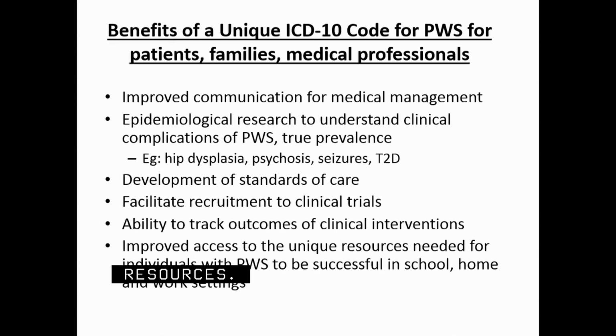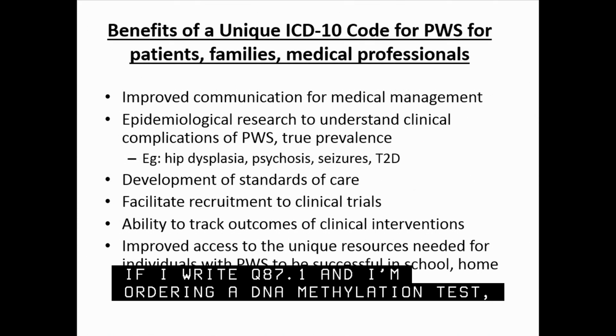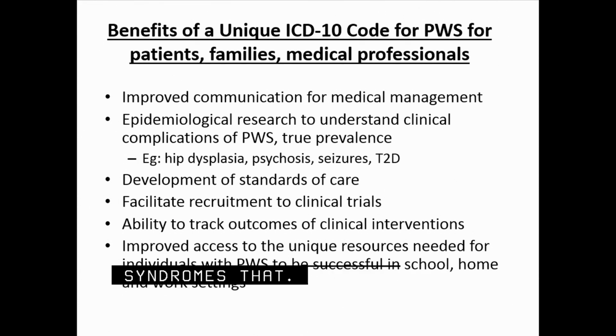Because if I'm in a satellite clinic and I write Q87.1 and I'm ordering a DNA methylation test, there are all these other syndromes there, and a DNA methylation analysis is inappropriate for all of them except for Prader-Willi syndrome. So I think that's an important issue.